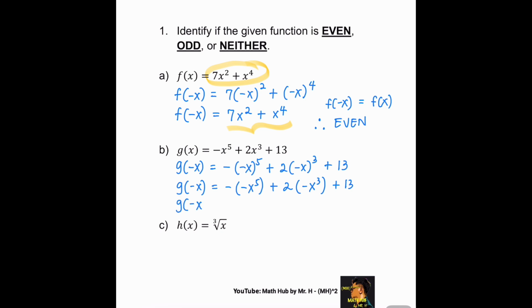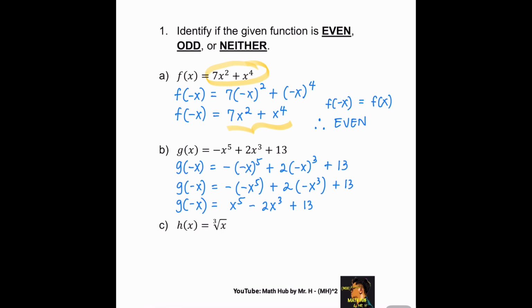Then we simplify. So here negative times negative is positive, so it's x to the power of 5. And this one will be negative. So 2 times negative x to the power of 3 is negative 2x cubed plus 13.